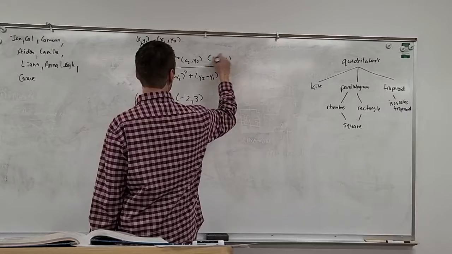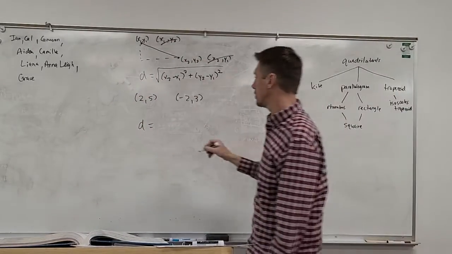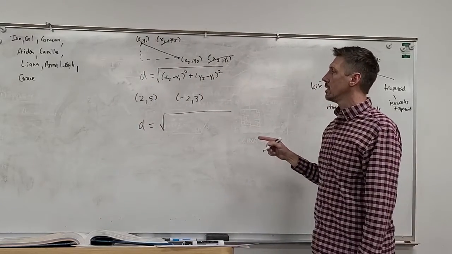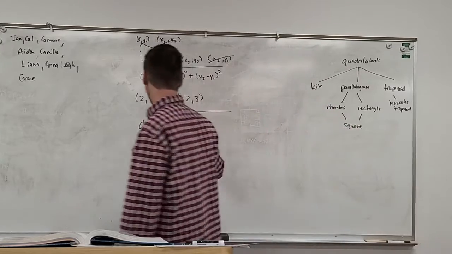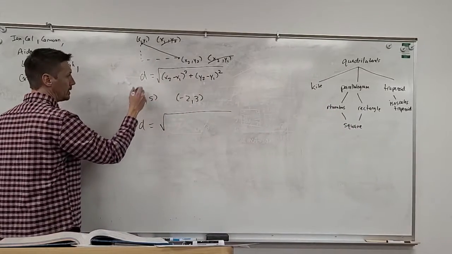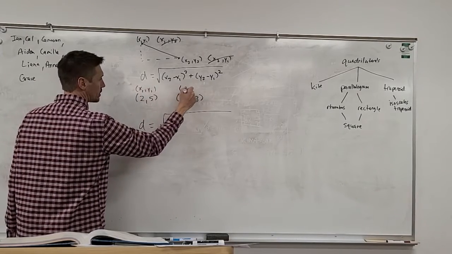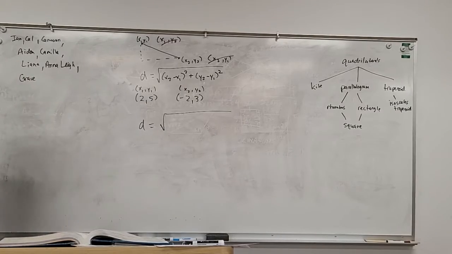That's not allowed. So you have to be consistent. Whichever point you start with for the x value, you have to start with that point for the y value as well. So we're going to make this one here our x1, y1, and this our x2, y2.